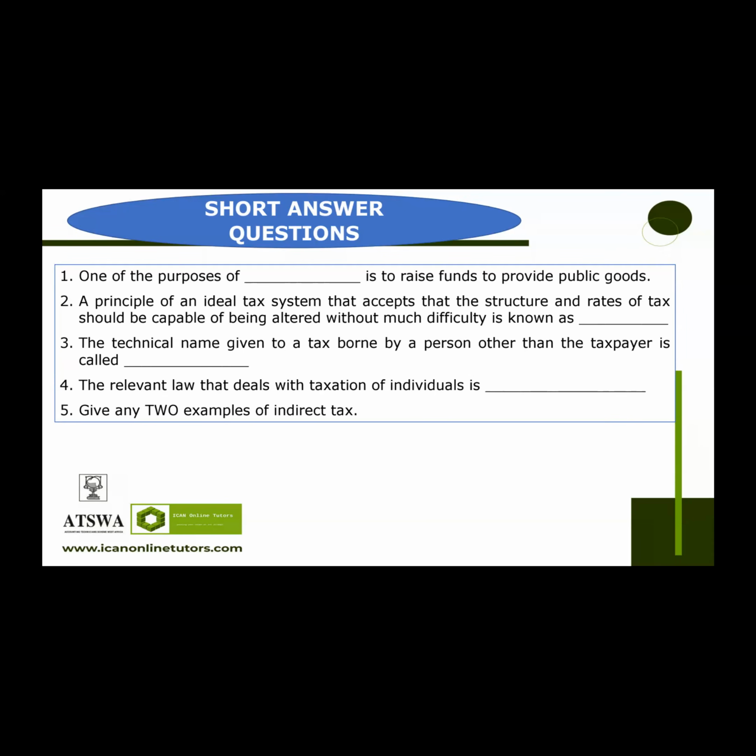Two, a principle of an ideal tax system that accepts that the structure and rate of tax should be capable of being altered without much difficulty is known as flexibility. Three, the technical name given to a tax borne by a person other than the taxpayer is called indirect tax.